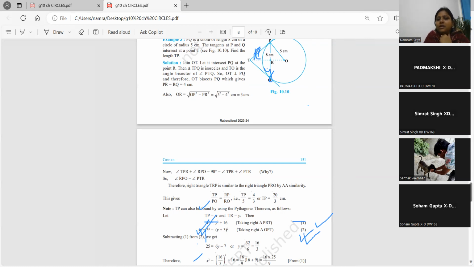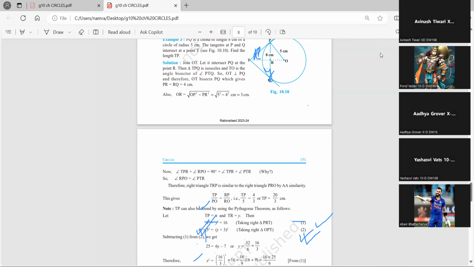So this is the way we did it in grade 9, and this is the way we did it by applying the similarity of triangles. Both ways are correct, and you can follow both ways. There is no restriction on the method. Anyone still having any doubt in this question?